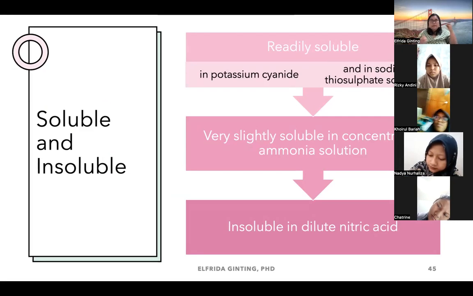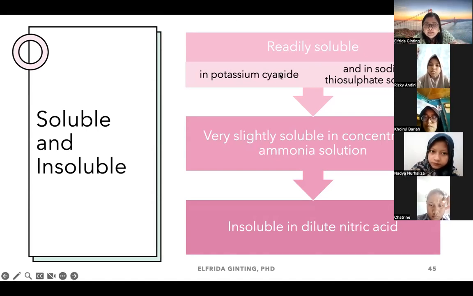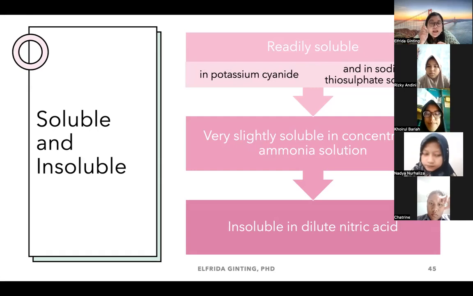So you mix silver nitrate solution with iodide, right? You will have silver iodide. The silver iodide is soluble in potassium cyanide and sodium thiosulfate, a little bit soluble in the ammonium solution, and finally totally not soluble in the dilute nitric acid. Totally not soluble. Okay.